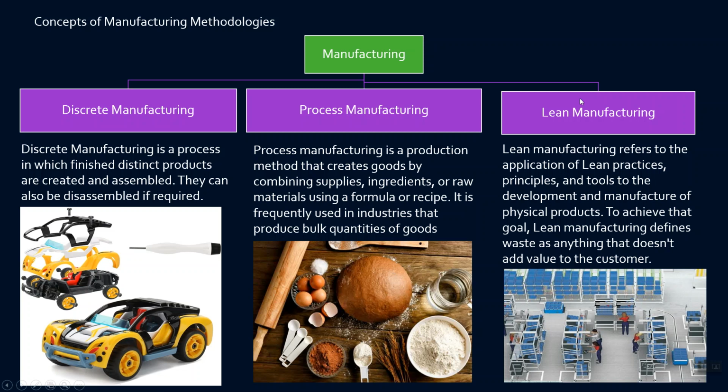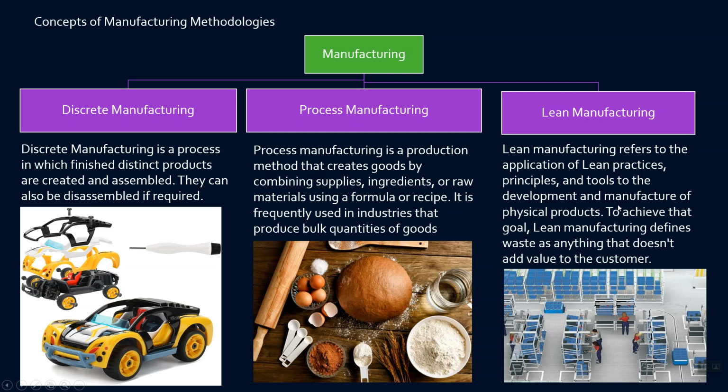The third methodology is lean manufacturing. Lean manufacturing is not different from discrete and process. It runs parallel with discrete or process manufacturing. Why? Because lean manufacturing is not something different.